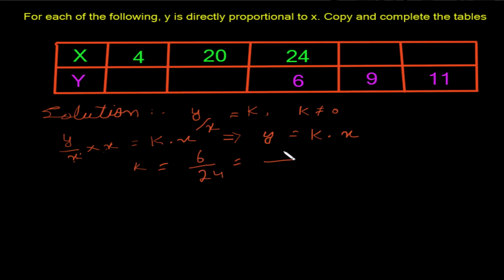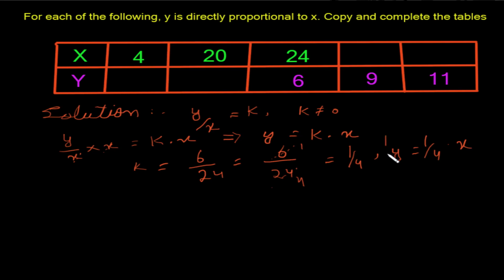Now using 6, 1s are 6 and 6 fours are 24. So k has a value of 1 by 4. Now substituting this value back in this equation, this equation will become y is equal to, for k I will substitute 1 by 4 times x.